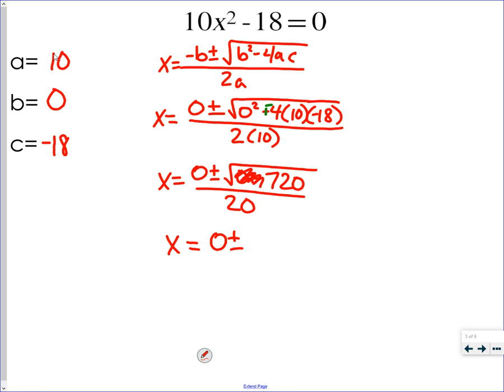is going to be about, forgot to change to my squiggly equal sign here, 26.83.